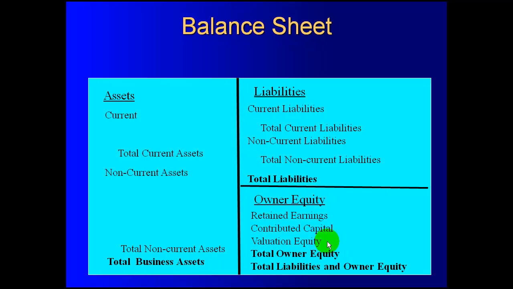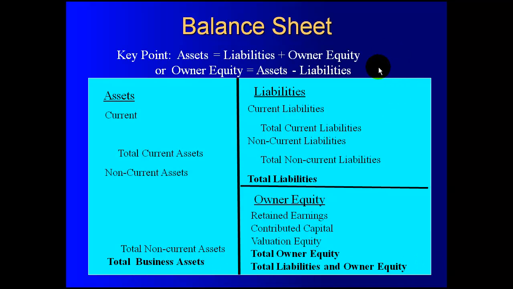And valuation equity is wealth that you've gained through the value of your assets increasing. So you may have some assets over here like land that have increased in value, and so that gives you wealth, and that's valuation equity. So your total owner's equity is the 3 of these added together, and then total liabilities plus owner's equity have to equal total assets.